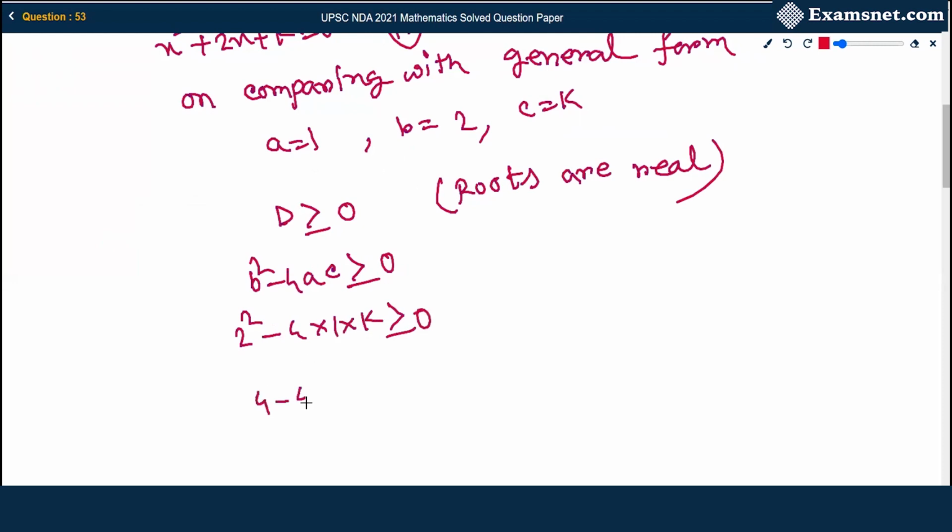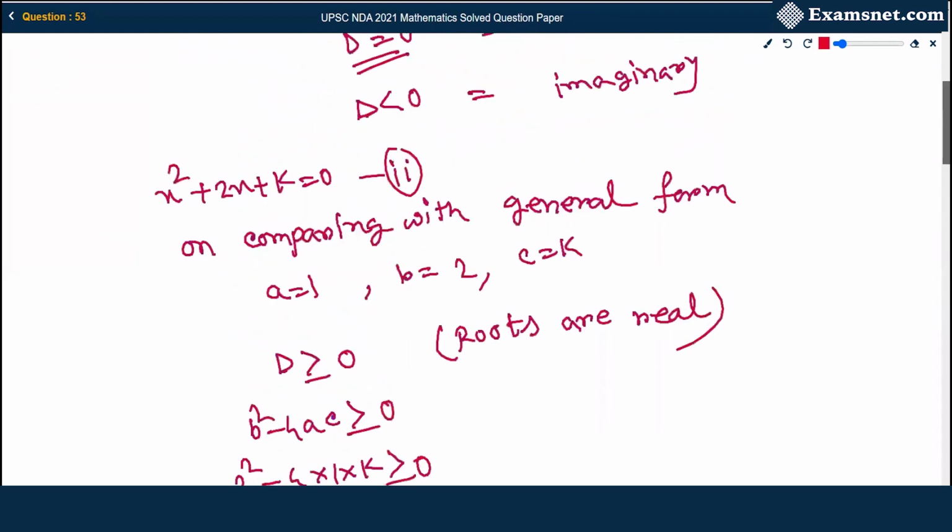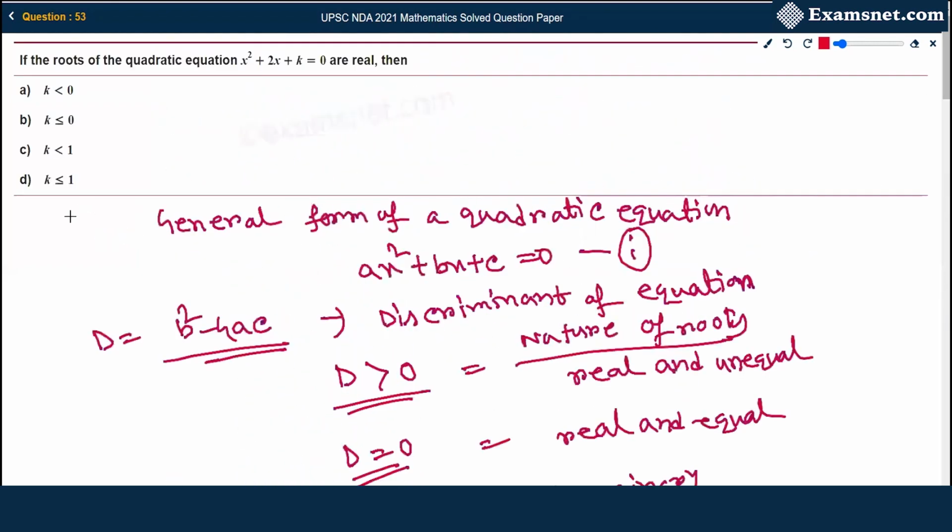So it becomes 4 minus 4k greater than or equal to 0. If we divide 4 on each of the sides, we will get 1 greater than or equal to k, or in other way we can write k less than or equal to 1, right? So check with the options. Yes, option D, k less than or equal to 1 is the correct answer.